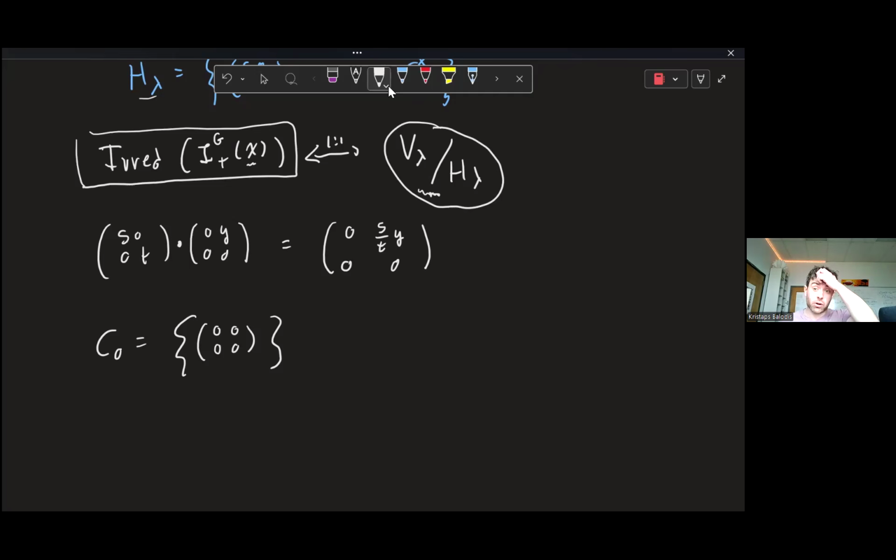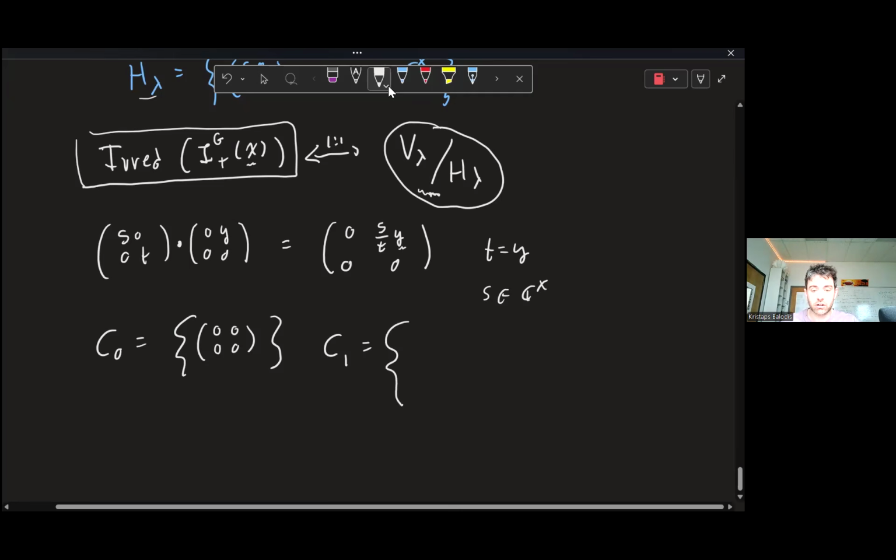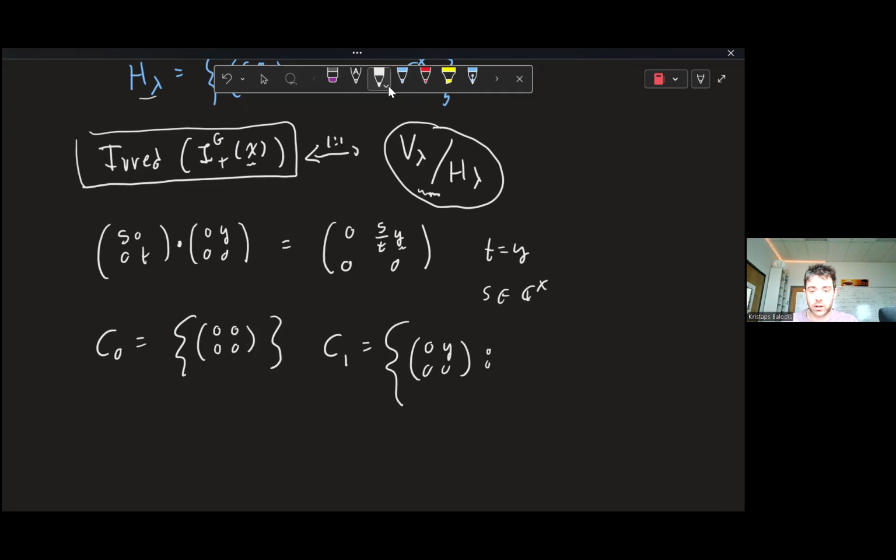If y were non-zero, then that means I'm allowed to divide by y. So I could take t to be equal to y. That would cancel out with the y, and I could choose s to be any non-zero complex number, which means if I had a non-zero y, I could send it to any other non-zero y. So the second orbit, C1, would be given by all of those upper triangular matrices where y is any non-zero complex number.